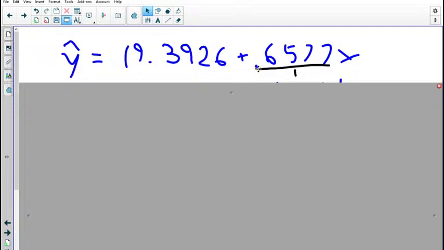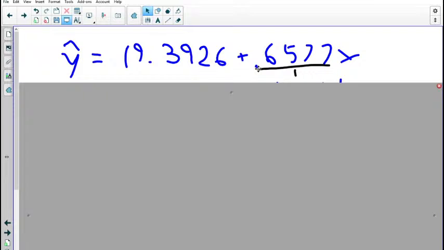So that means for the slope, remember the slope was, here's how much y changes every time x changes by 1. So what is x in this context? What was x representing? Age in months.